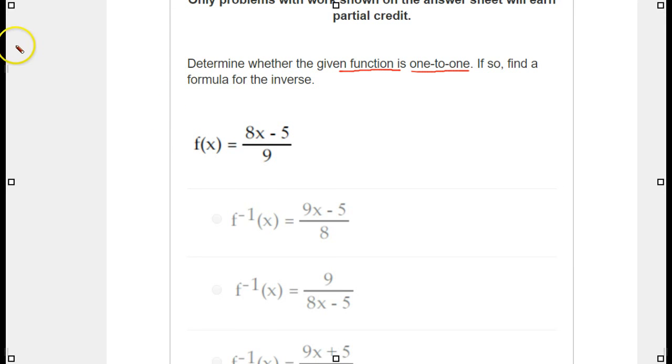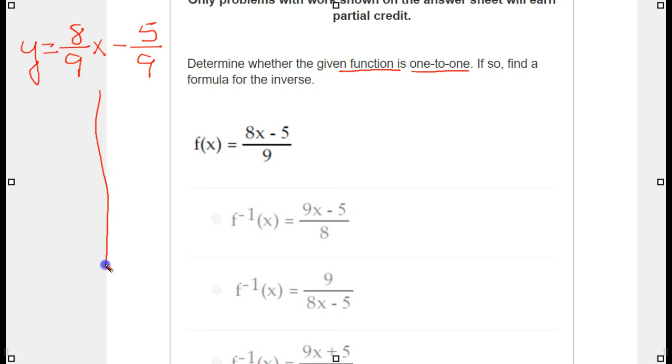Now we could rewrite that as y equals 8/9 x minus 5/9. So that would be our equation of this in slope-intercept.